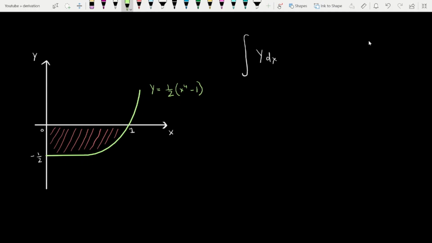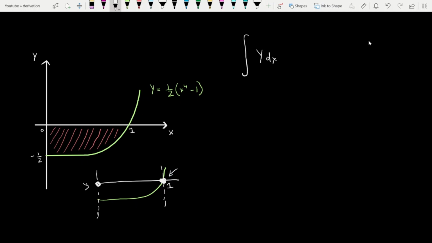So if I draw this graph something like this, then you can see that we are trying to find the area between this point and this point, between these two limits. So what are the x-coordinates of these two limits? If you look at this limit over here, it's clearly given in the question that it is equal to 1. Now, what about this one?